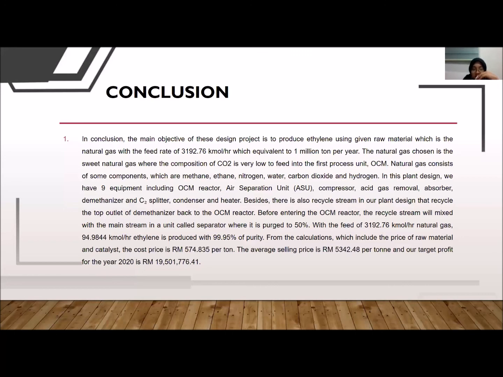And the cost price for raw material and catalyst is 574.835 ringgit per ton, and the average selling price is 5,342.48 ringgit per ton, and our target profit is 90,501,760.41 ringgit.